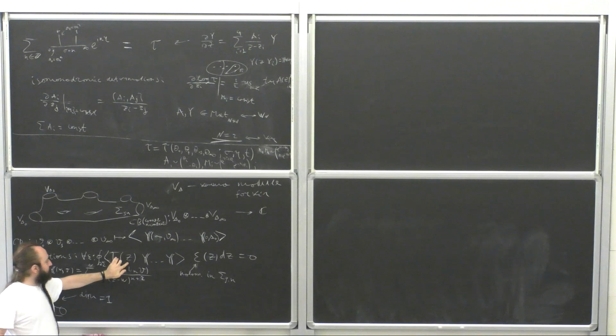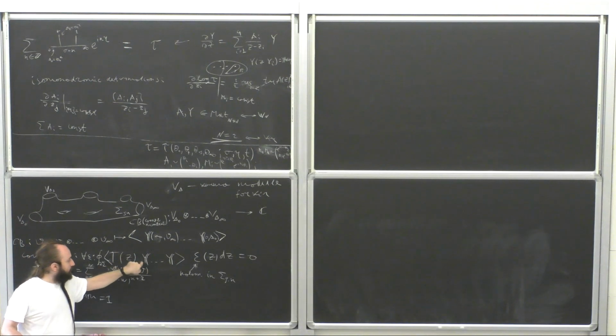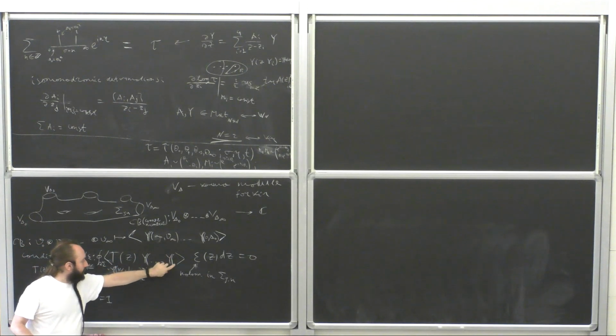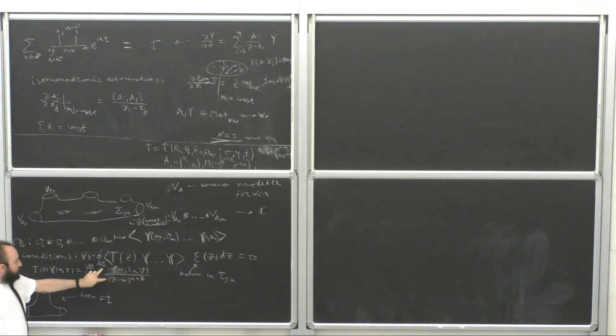We take this T of z, move to every one of these vertex operator functions, and use this expansion to compute this integral as a sum of residues.